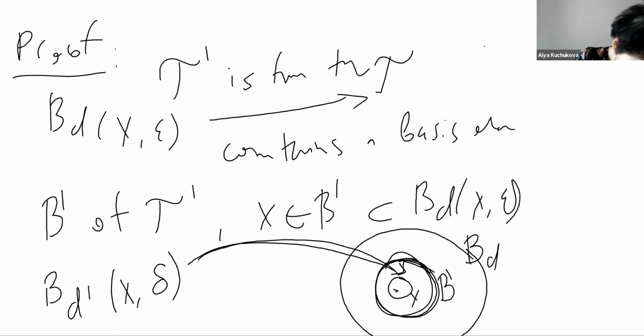And then for the other side of the proof, we just do the same thing. We say if we always find a smaller ball inside of a bigger ball, which is the basis element, then we just apply the lemma from the previous chapters, which tells us that if you always find a smaller basis element inside of a bigger basis element, then one topology is finer than the other.